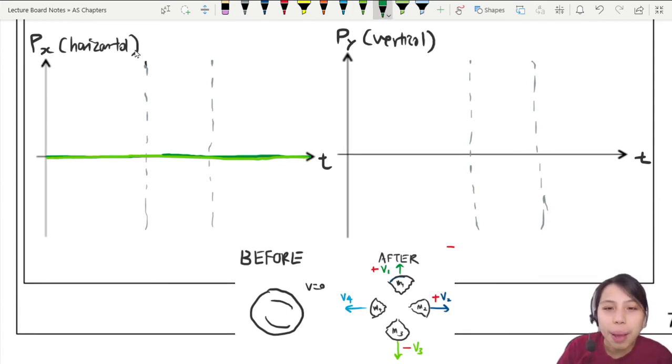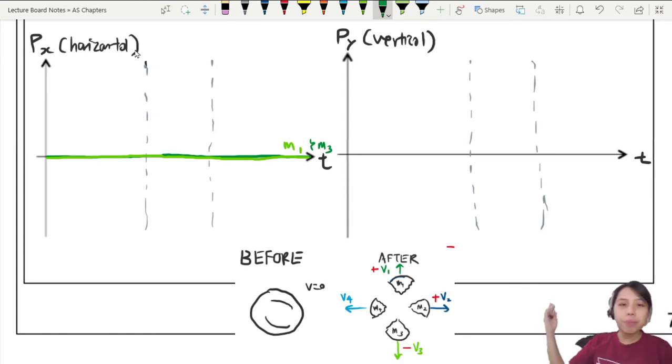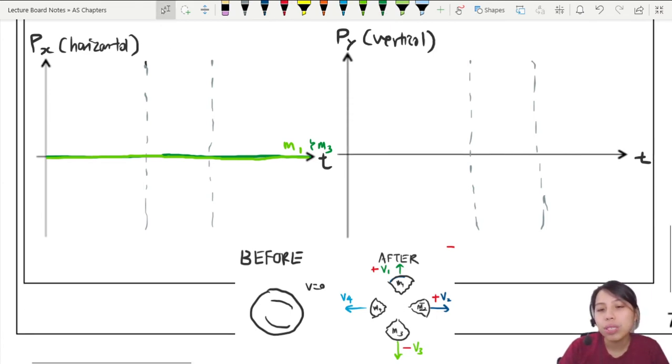This is going to be mass 1. And mass 3. Wrong color, but it's all green color, okay? So they don't have any horizontal component. They are perfectly vertical. Now the one that does have a horizontal component is mass 2. This piece is going to the right. So it's going to have a positive velocity and positive momentum after it's split.